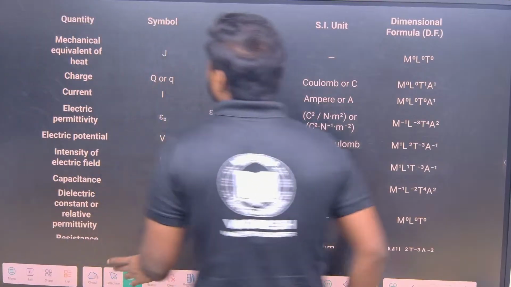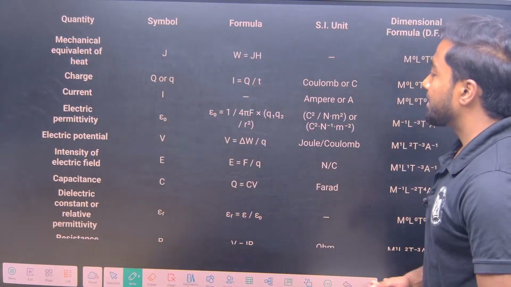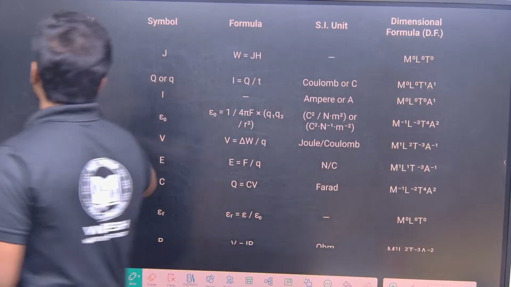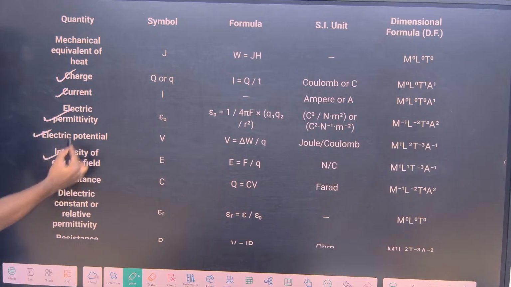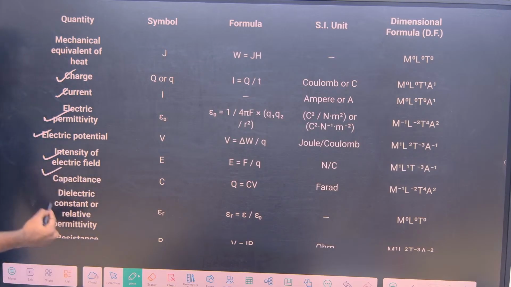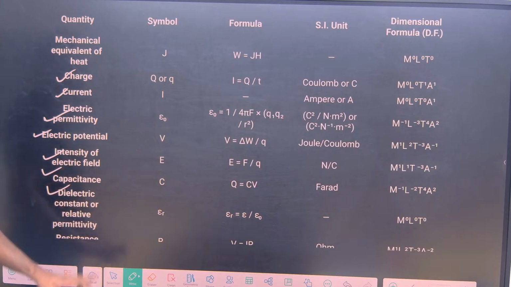So: mechanical equivalent of heat, charge, current, electric permittivity, electric potential, intensity of electric field, capacitance, dielectric constant or relative permittivity, and resistance.